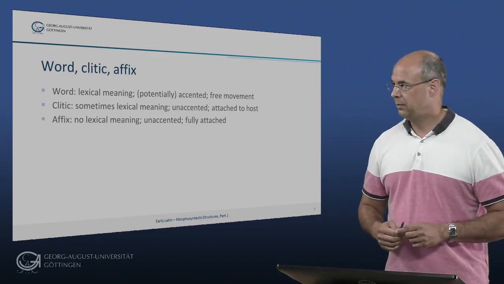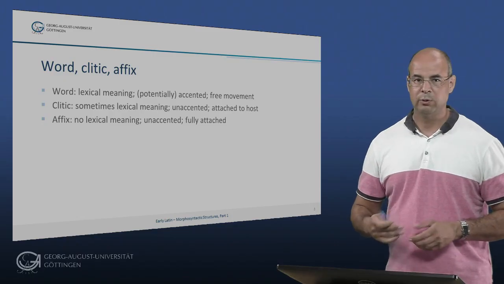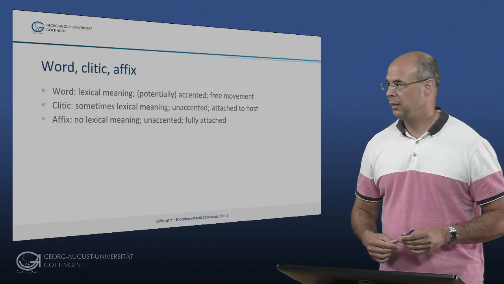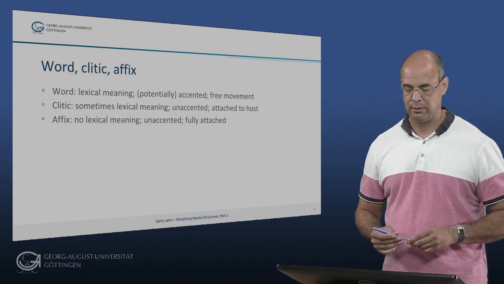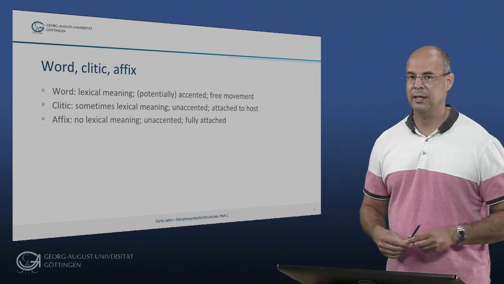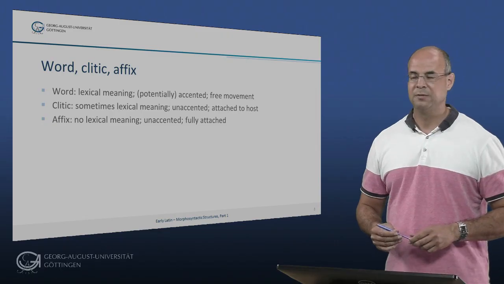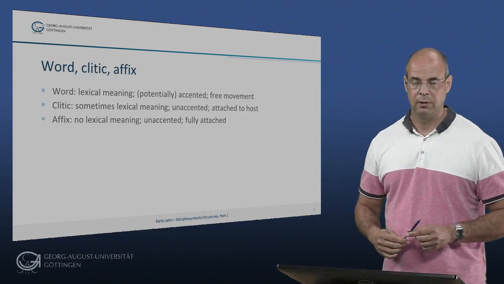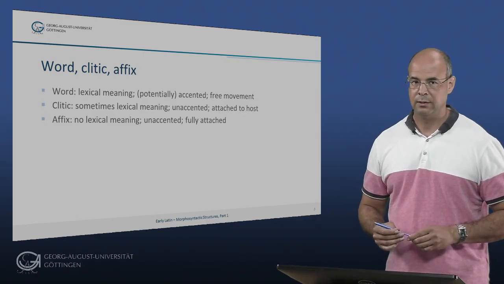Across languages, we can say words can be moved around more freely, can carry their own accent, and typically have full lexical meaning. Affixes are at the other end of the spectrum. They are firmly attached to a lexical item, they're typically unaccented, and they have grammatical functions. And clitics are in between.